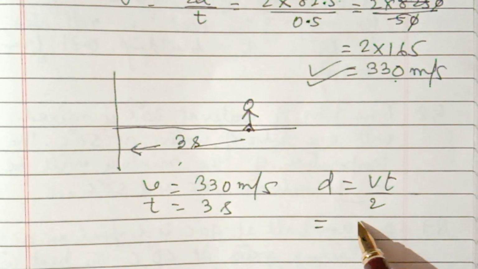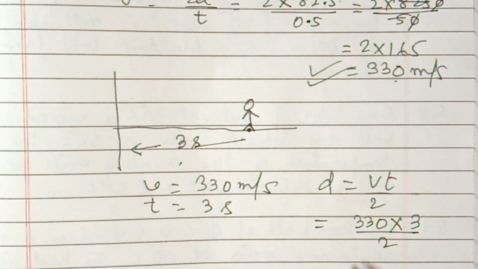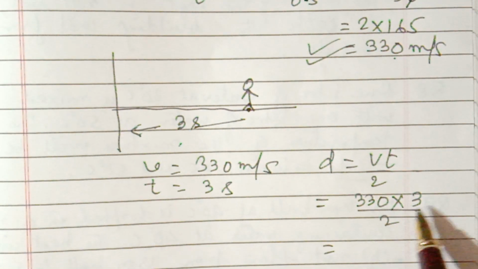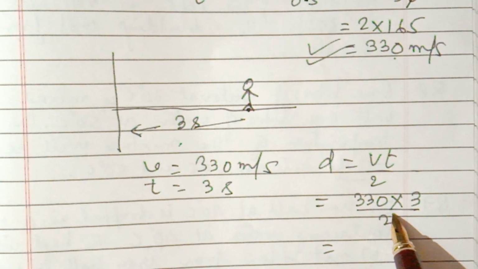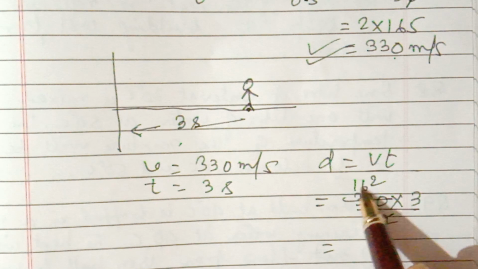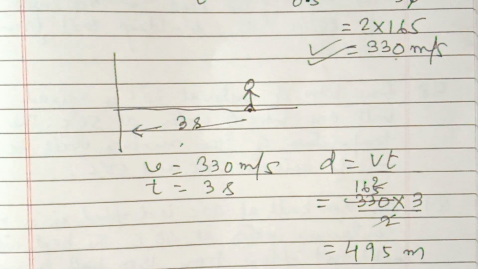Then 330 into time 3 divided by 2. So this is 165 into 3. 5 into 3 is 15, 18 plus 1, 19, 495 meter.